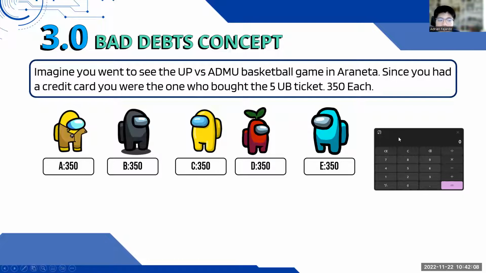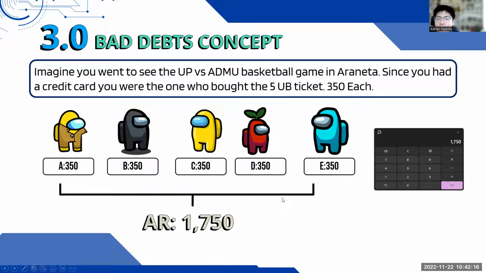In essence, since we spent 350 times 5, in the lens of a company, technically, we have an accounts receivable of 1,750. Now, we expect to collect 350 from A, 350 from B, from C, from D, and from E.